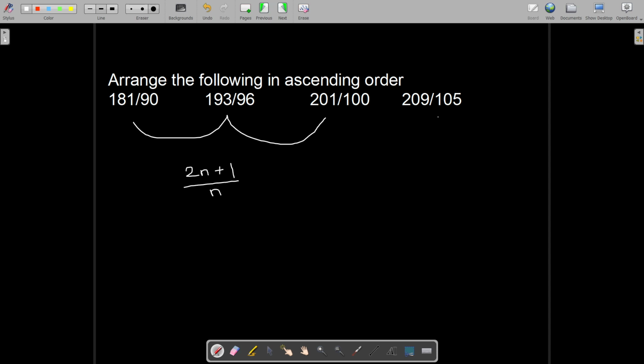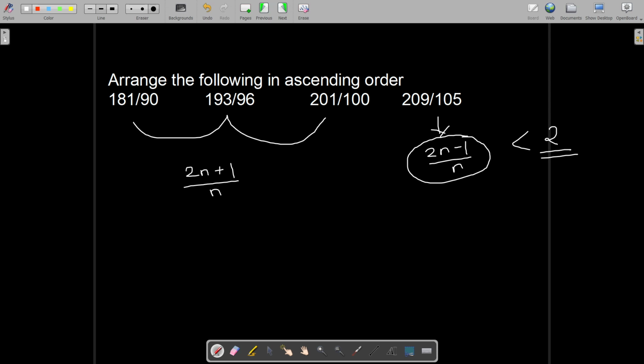The last one is 2n minus 1 by n. This is clearly less than the others because the value of this is less than 2. The other three options are greater than 2. So we need to find the order among the other three. We need to find which of the other three is the greatest.